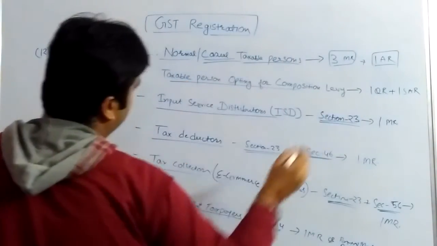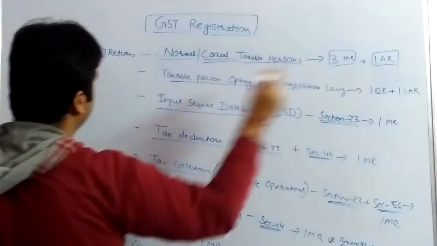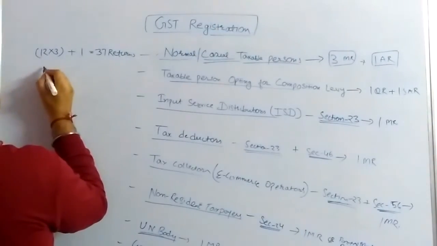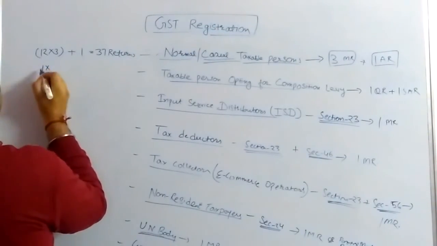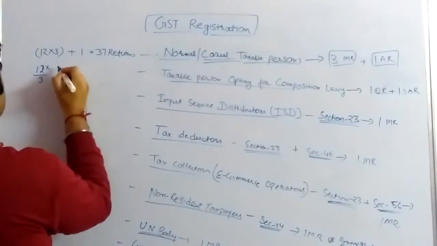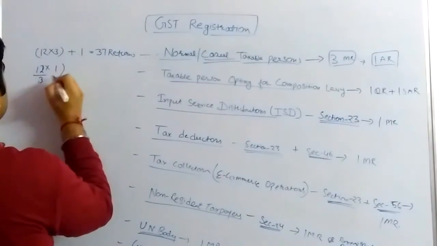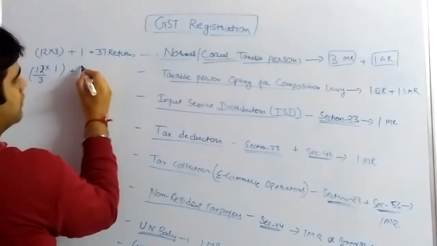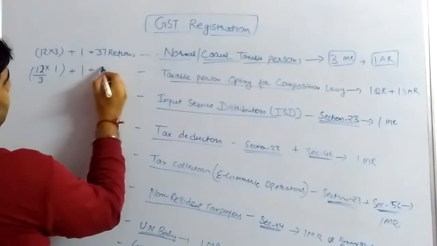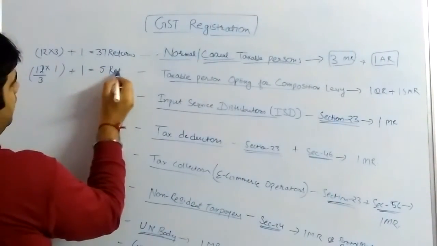A taxable person opting for the composition levy files 1 quarterly return and 1 simplified annual return, so 4 quarterly returns and 1 yearly.